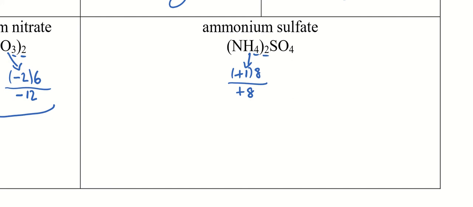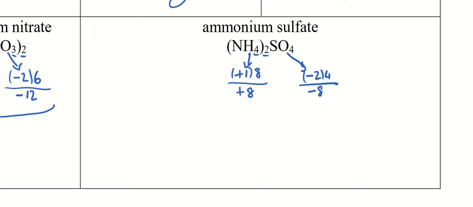Next one, let's go oxygen. Usually -2. How many oxygens are there? 4. Overall, -8. Okay, so the hydrogen is +8, the oxygen -8.